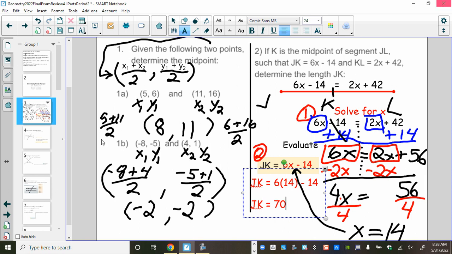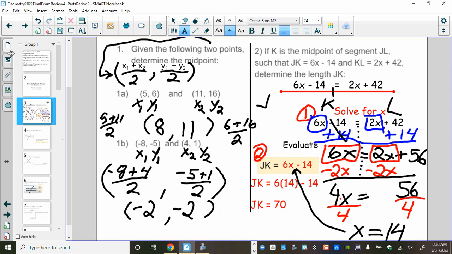All right, questions before we move on? Because you're going to see a lot of these types of problems, this setup, expression equal to another expression, throughout today, next time, and your final.